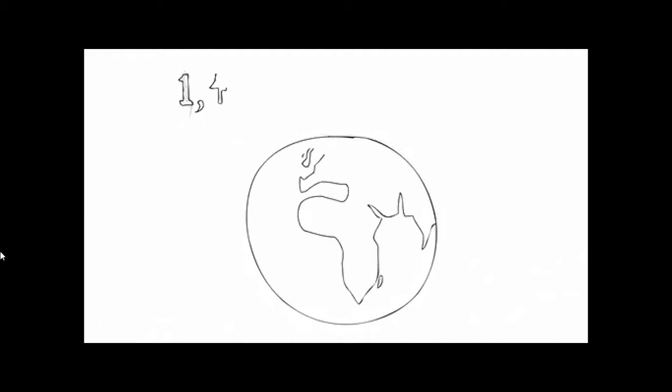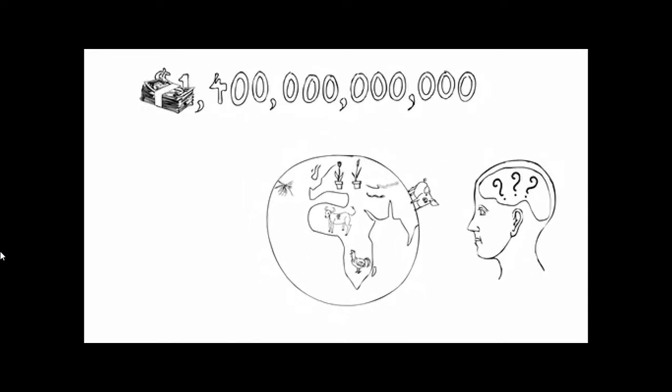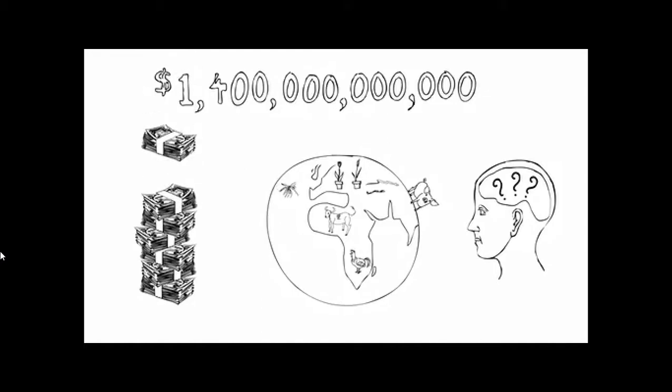There are so many other subtle ways that introductions happen and cause problems. The bottom line is that the world economy is hit with an annual cost of $1.4 trillion dealing with the negative impacts, obvious and not so obvious, of introduced species. That's a number I have a hard time wrapping my mind around. If you had an extra $1.4 trillion to play around with, there's a lot.